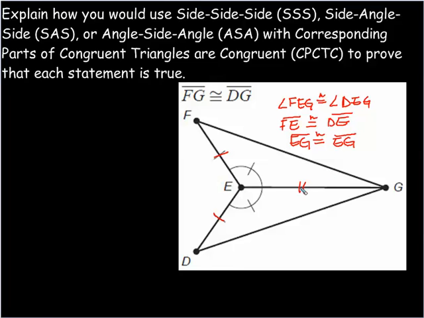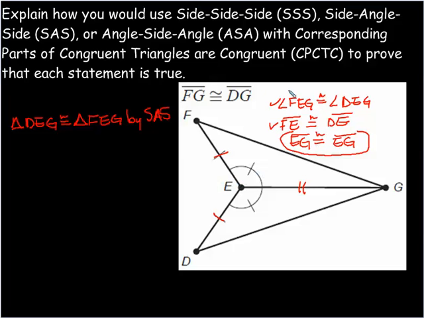It's congruent to itself. So because of this and the other information that was given to us in the triangles, we know that triangle DEG is congruent to triangle FEG, making sure I'm writing the letters correctly, by side angle side.